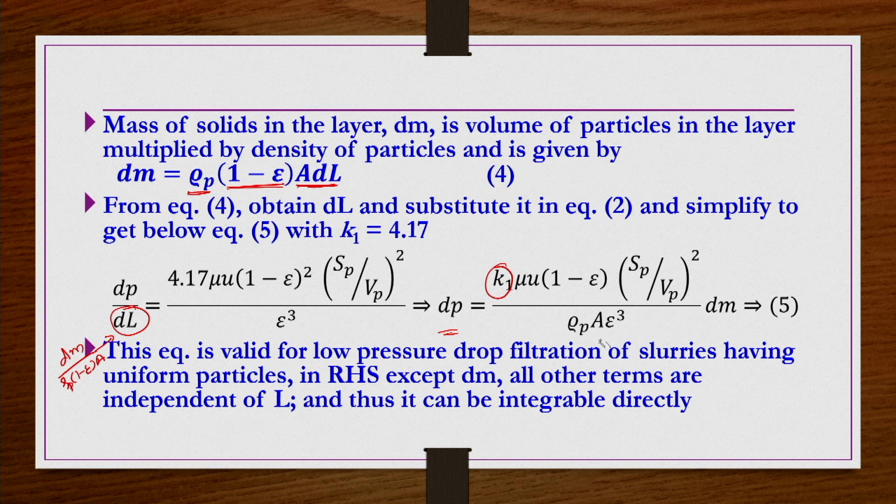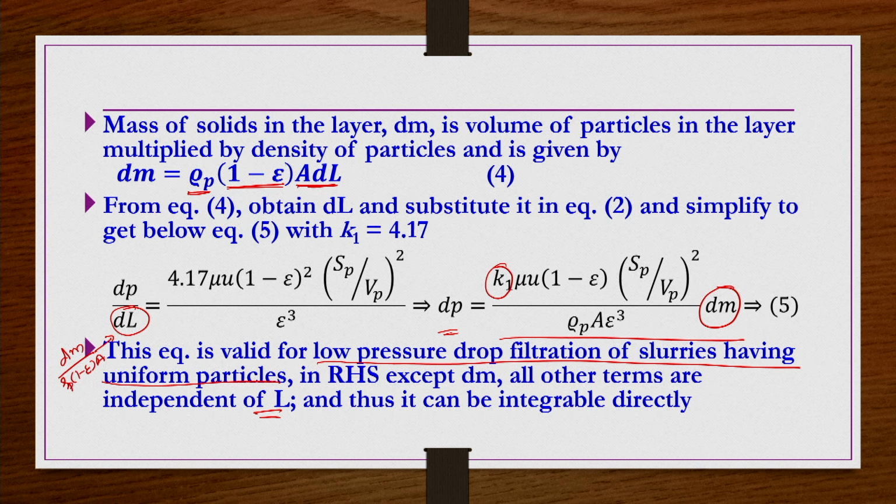This equation is valid for low pressure drop filtration of slurries having uniform particles, right. In the RHS of this equation 5, except for this dm, all other parameters are independent of L. So we can directly integrate this equation 5.